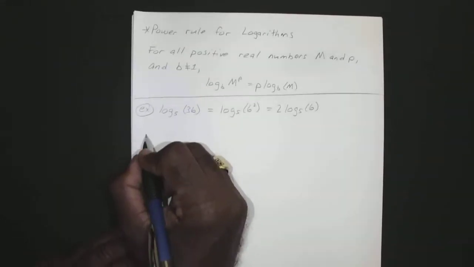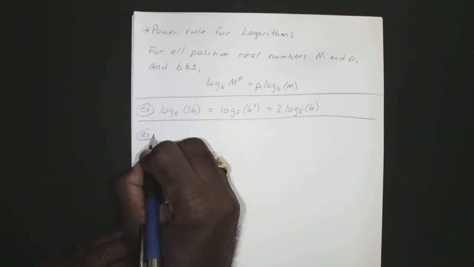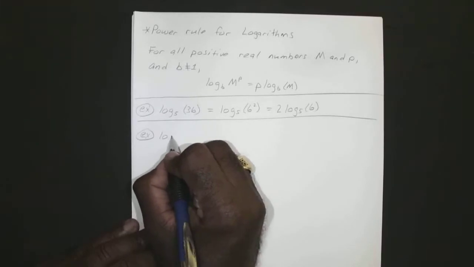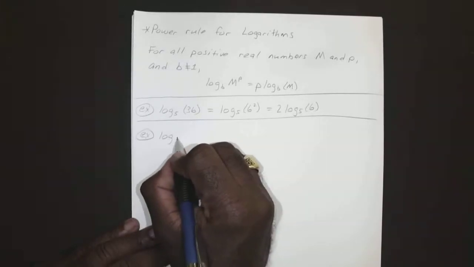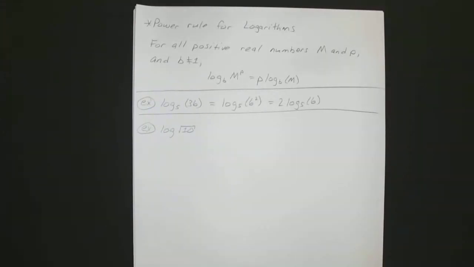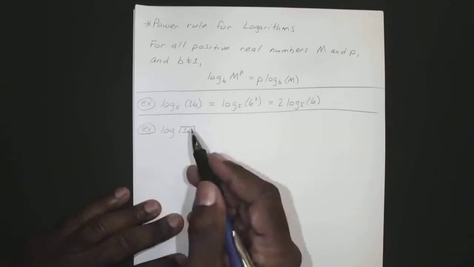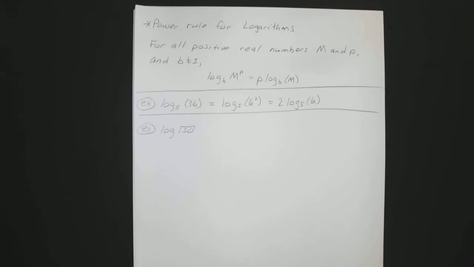Okay, so let's say, for example, we have log of square root of 10. And we wanted to simplify that. Okay, so we could always do the base 10, but without using the common logarithm.